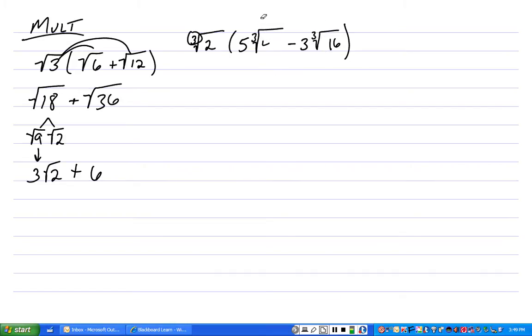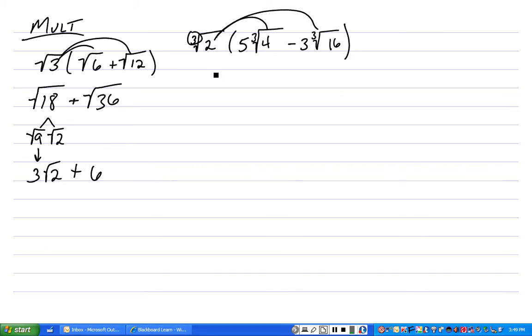So we multiply the cube root of 2 times each term. Since this is under the radical, it gets multiplied by what's under the radical here, which in this case is a 4.